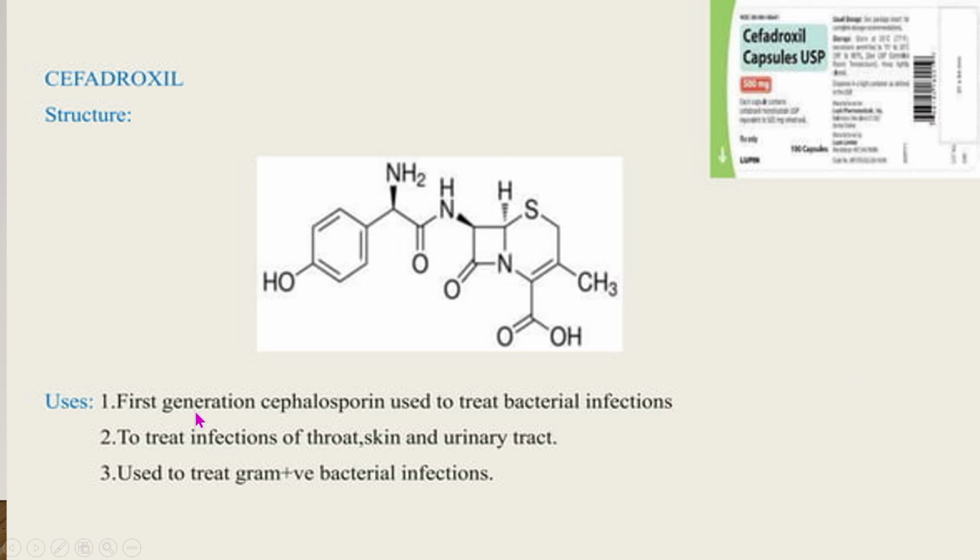This is also a first generation cephalosporin antibiotic, which is used to treat bacterial infections, especially infections of the throat, skin, and urinary tract. They are also used to treat infections caused by gram-positive bacteria.